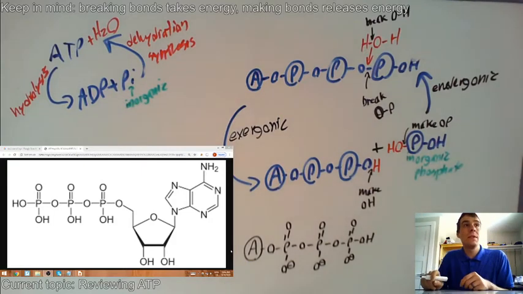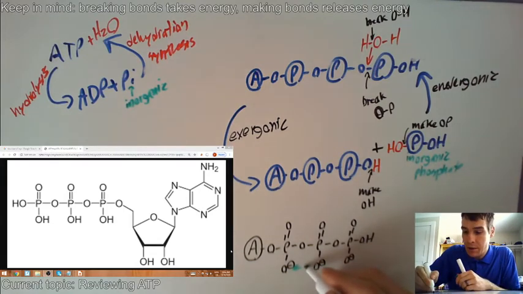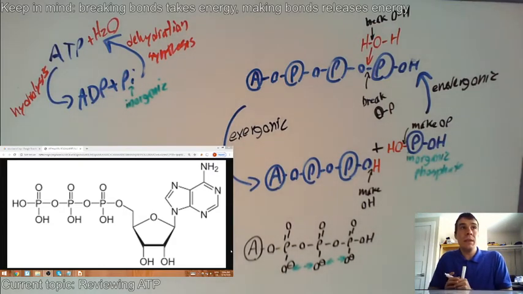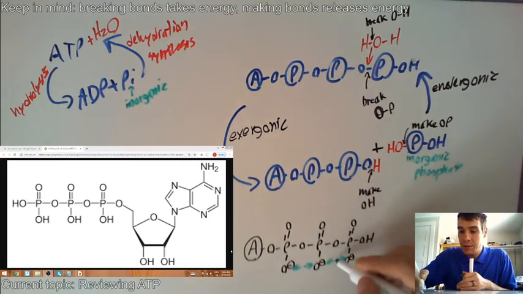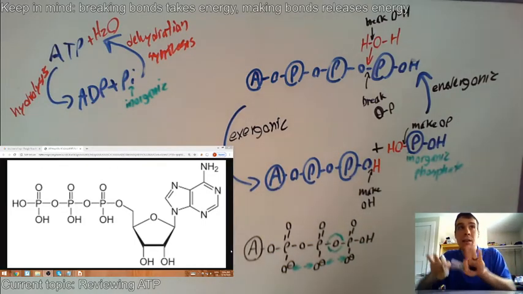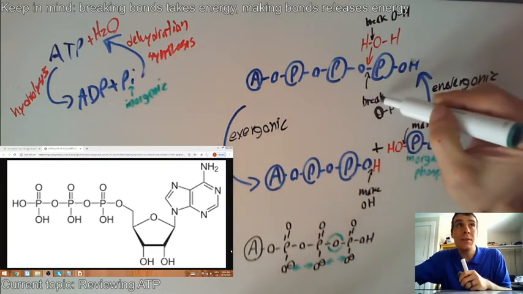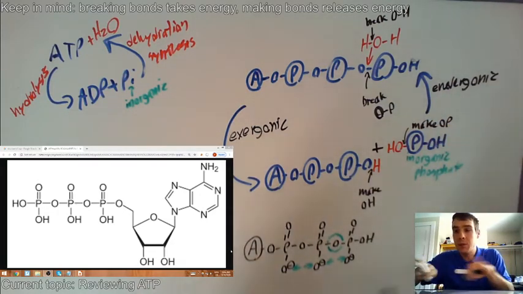So one of the first things about it is all these negative charges down here, they'll repel. They don't want to be close to each other. Because of this extra repulsion, this bond is weaker. It's already got strain on it because it's trying to get pushed apart. So it's easier to break this bond because there's already some repulsion there.